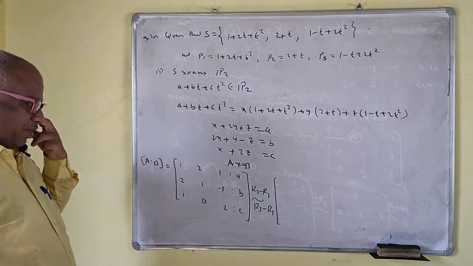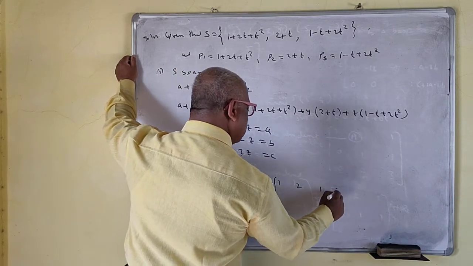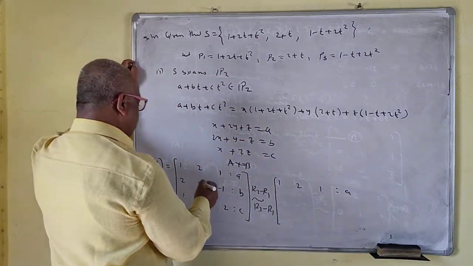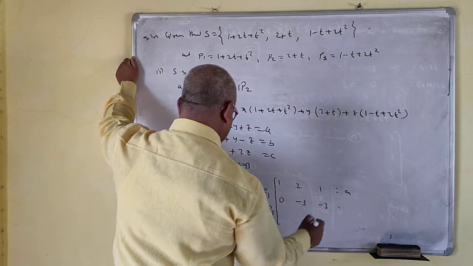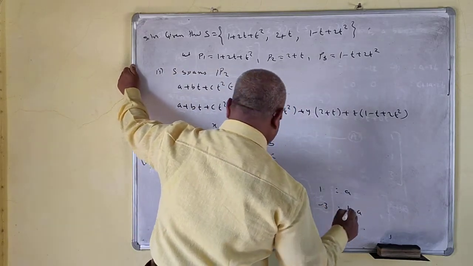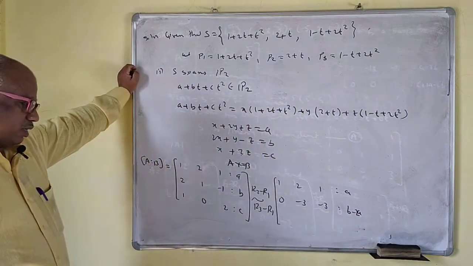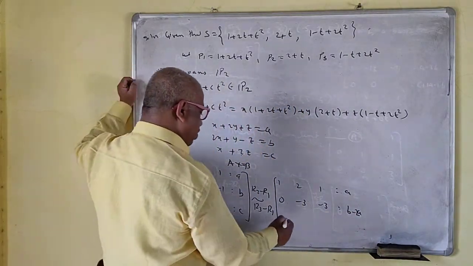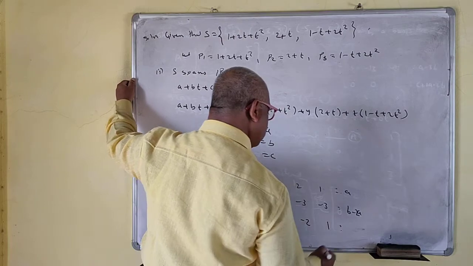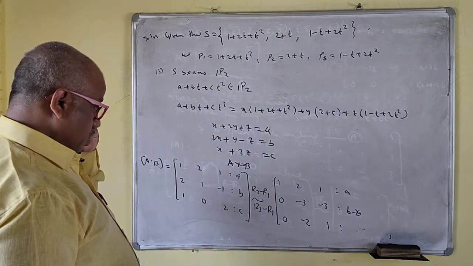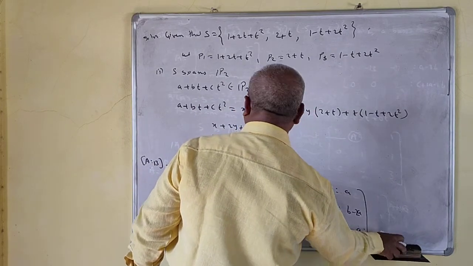So this is 1 2 1 a, then 0 minus 3 minus 3 b minus twice a, then 0 minus 2 1 c minus a.